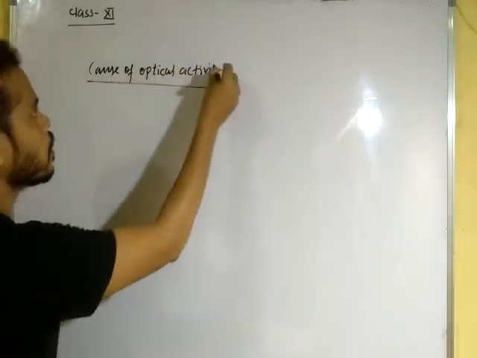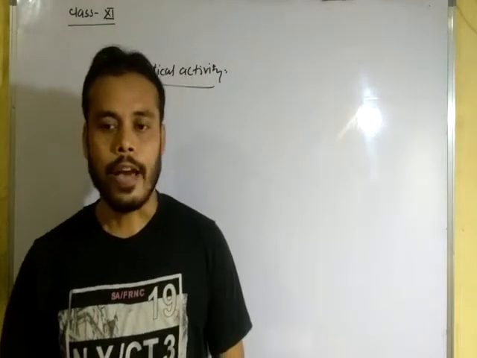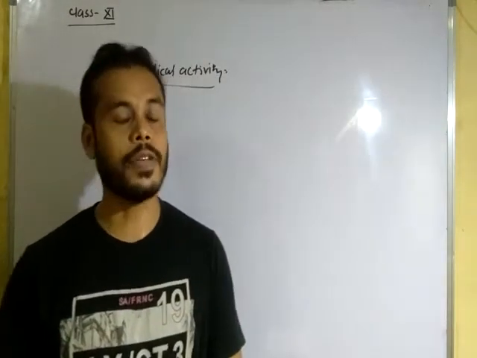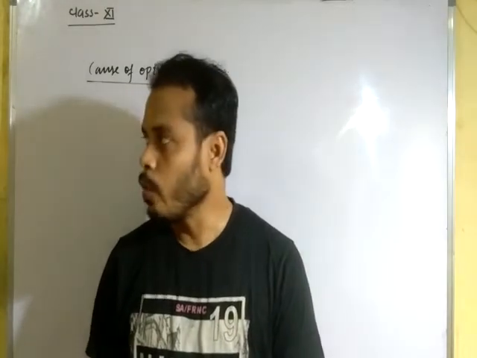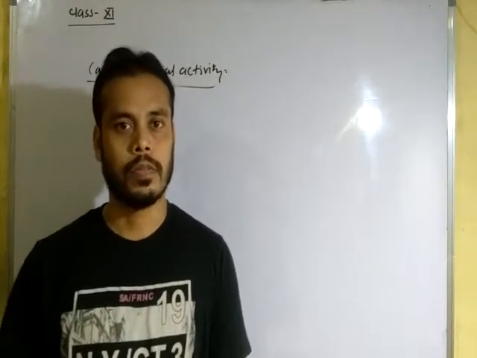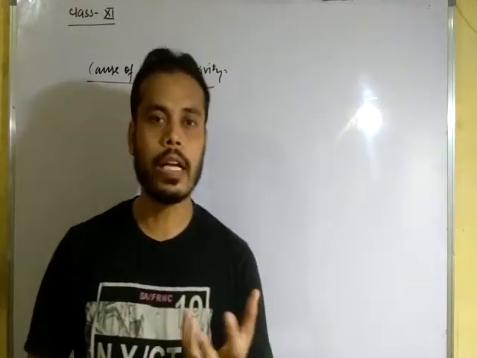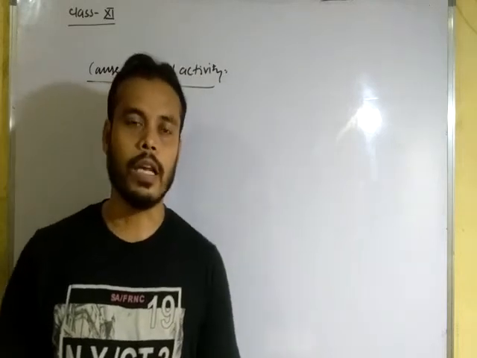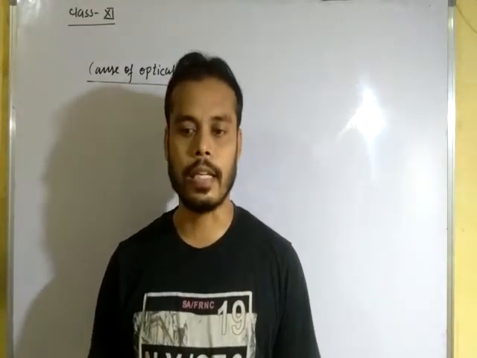Chirality is regarded as the necessary and sufficient condition for a molecule to be optically active. That means chirality is necessary for any compound to show optical activity. Let us see another example, lactic acid.